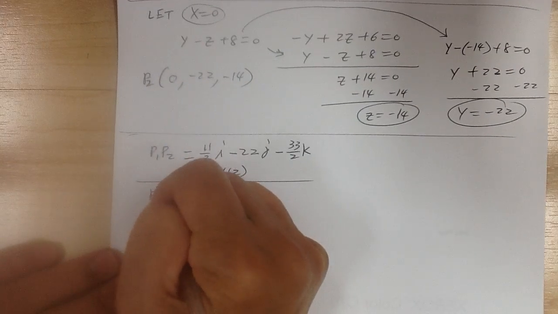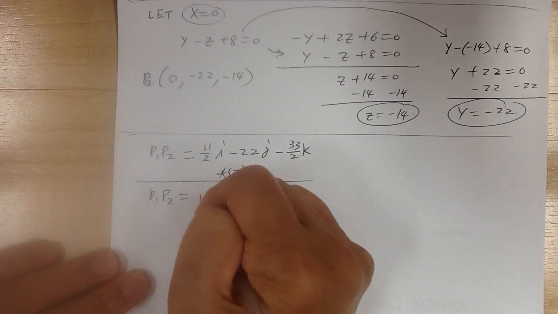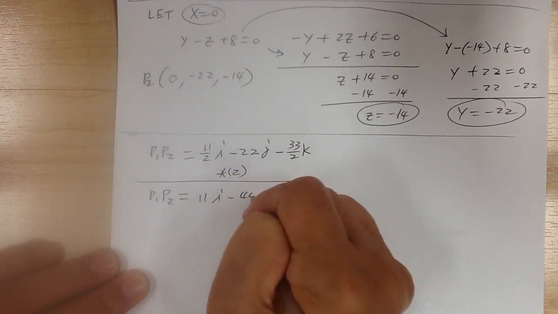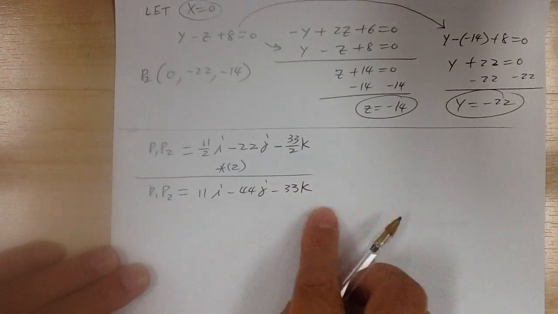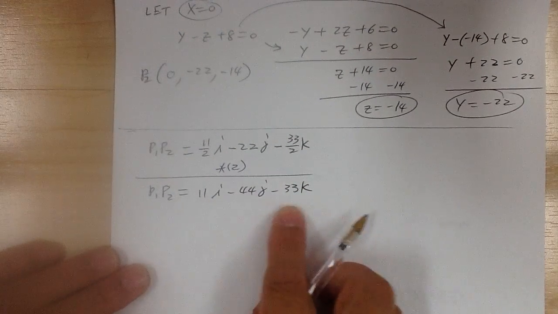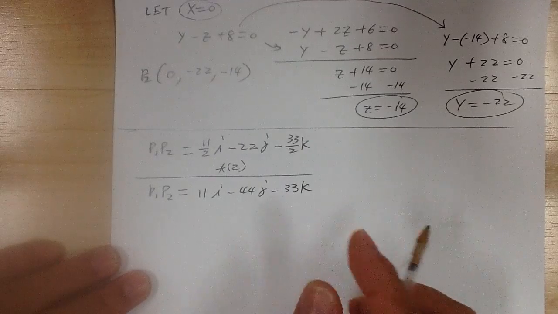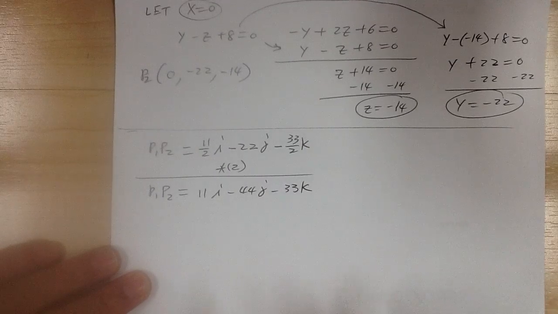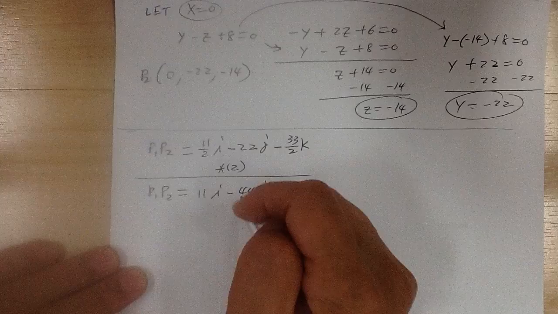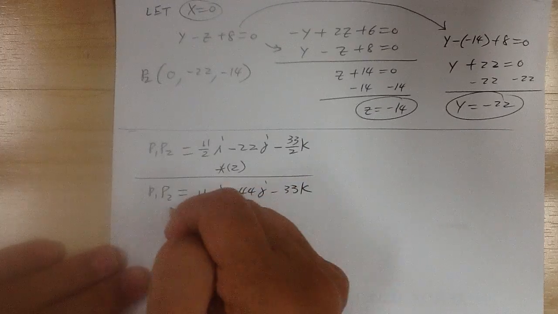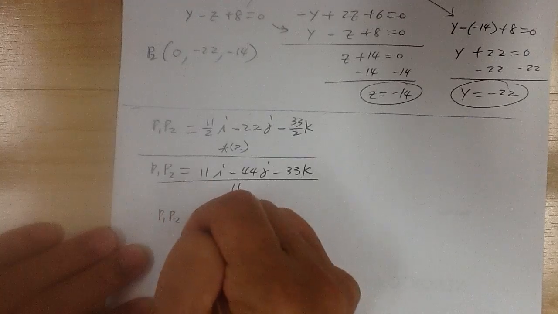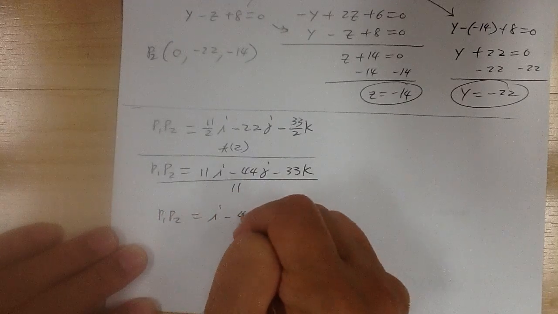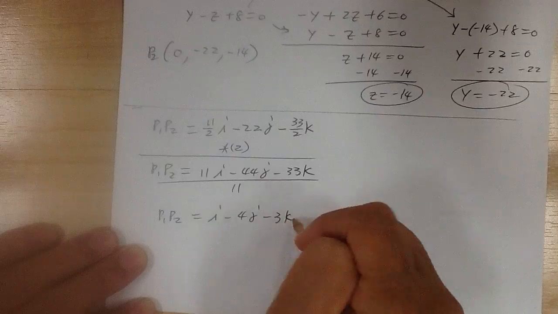So my new P1P2 will equal 11i minus 44j minus 33k. Now this vector is really big, but all these are multiples of 11, so I'm going to reduce the size of the vector. I'm going to divide everything by 11. So my new P1P2 will equal i minus 4j minus 3k.